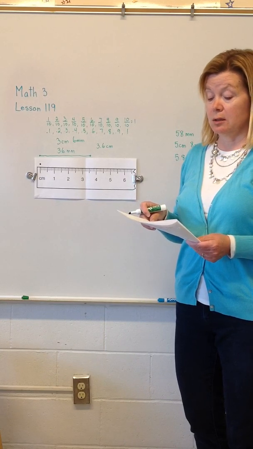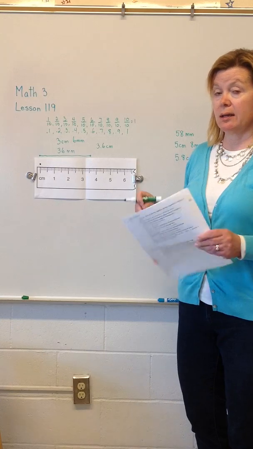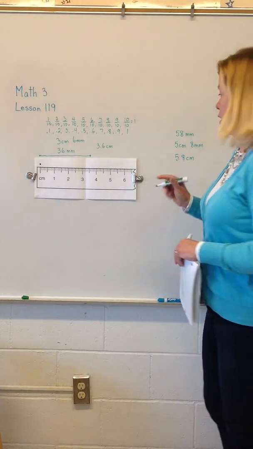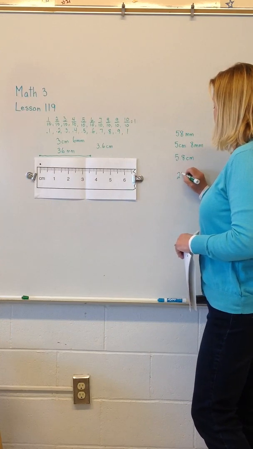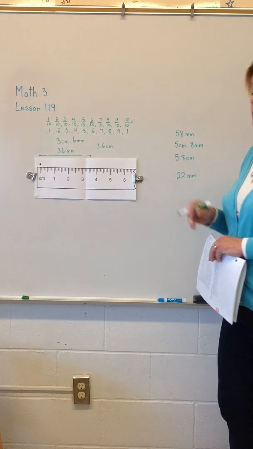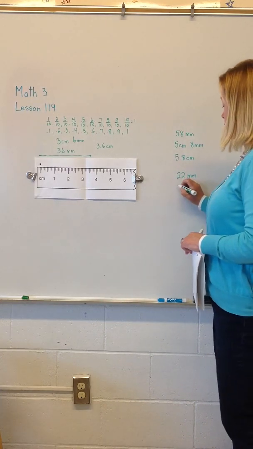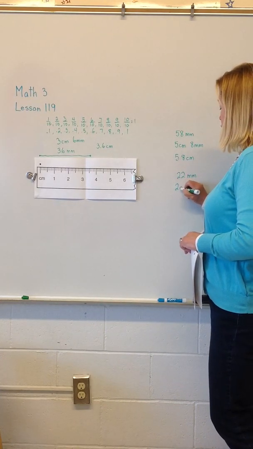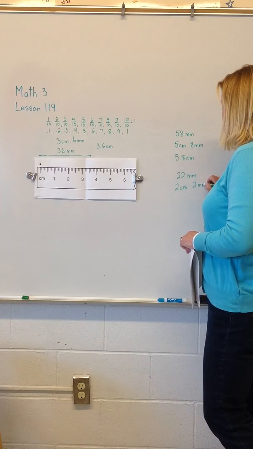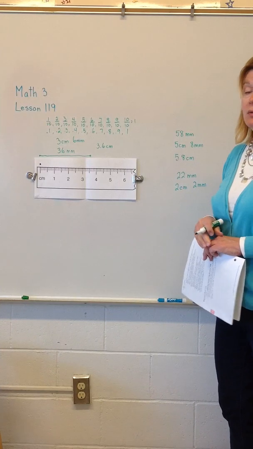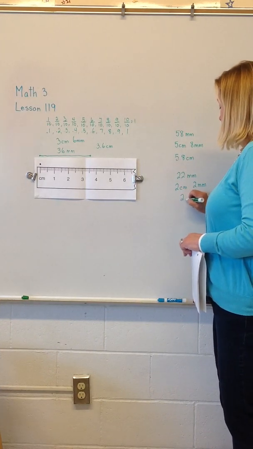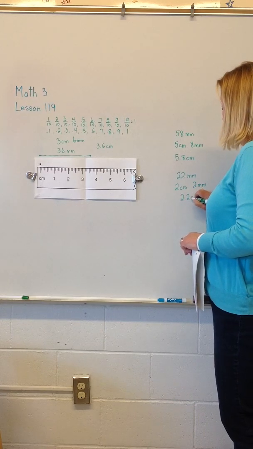Box 4 looks like that line segment is 22 millimeters long. If I were to write it in centimeters, I would need to write 2 centimeters, 2 millimeters. And if I'm using the decimal, then I would write 2.2 centimeters.